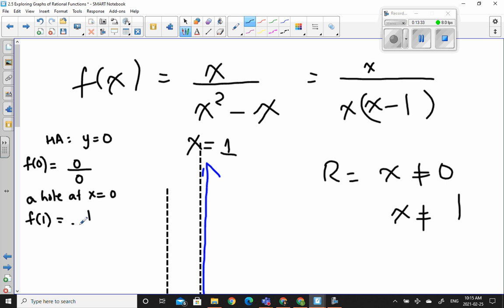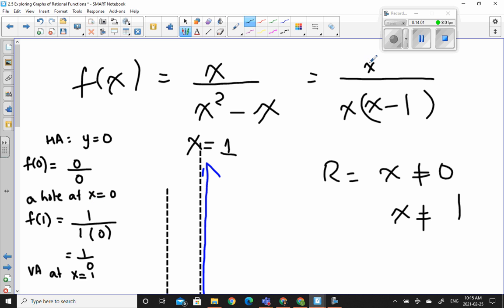It'll be 1 divided by 1 times 1 minus 1, which is 0. So it'll be 1 over 0. So there is a vertical asymptote at x equals 1. So in this example, we got a horizontal asymptote, a vertical asymptote, as well as a hole in this graph.